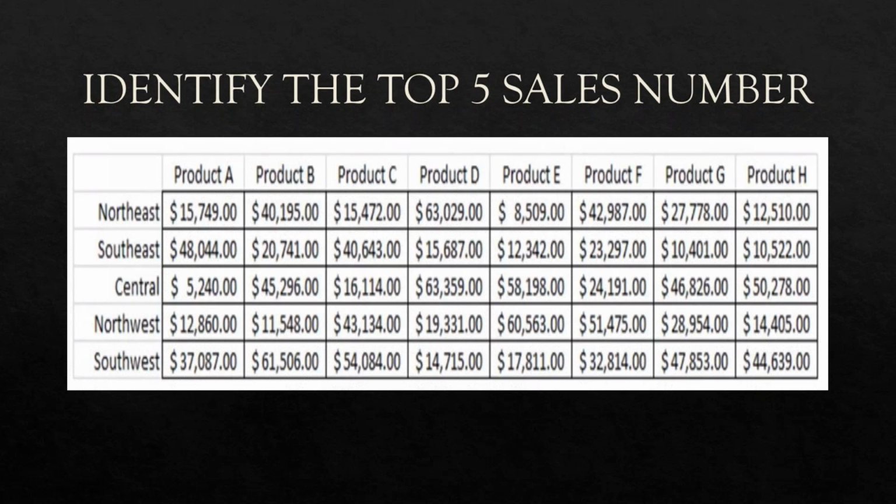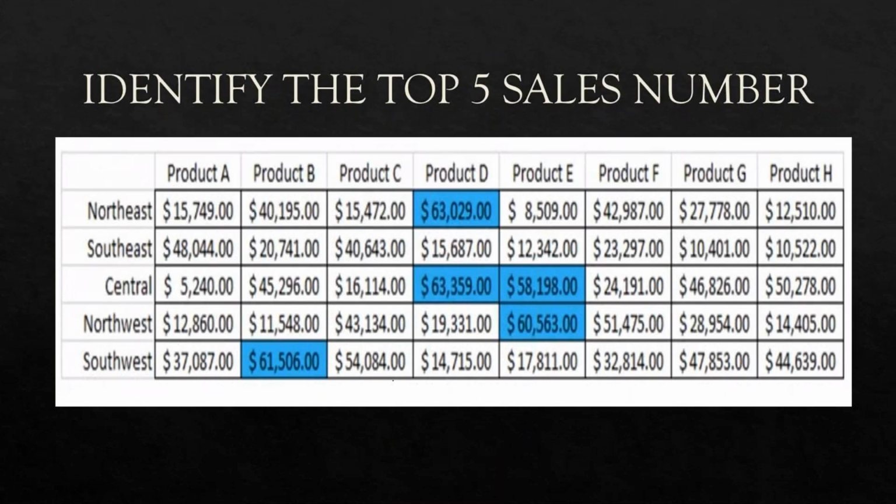But if I put it in this format, the same data, the same format, the same cells, but for the end user, I have highlighted all the cells which have the maximum numbers. Then it makes more sense. Now you can easily say what the rankings of the top five cells are, the top five numbers ranking. You can easily get it.